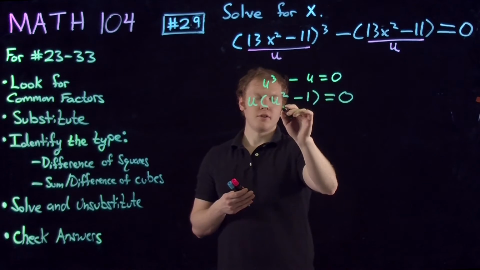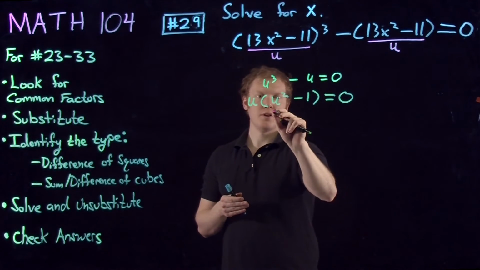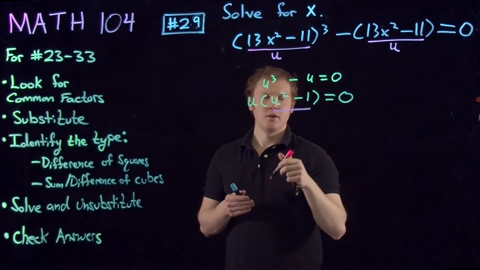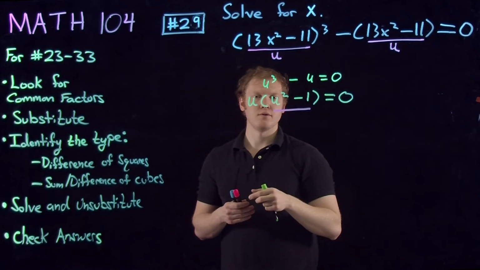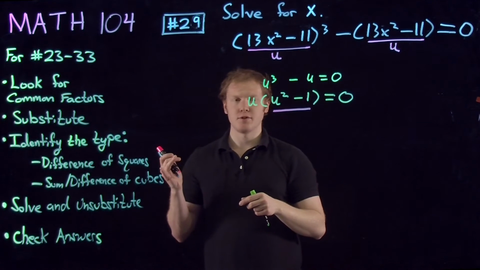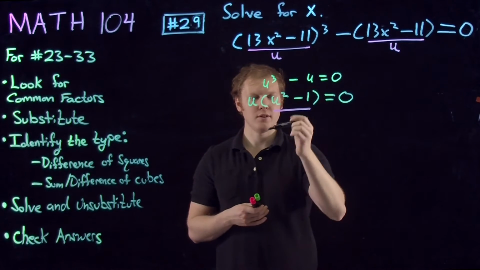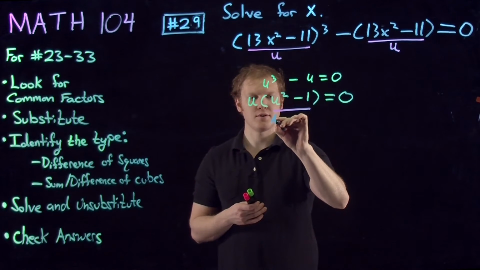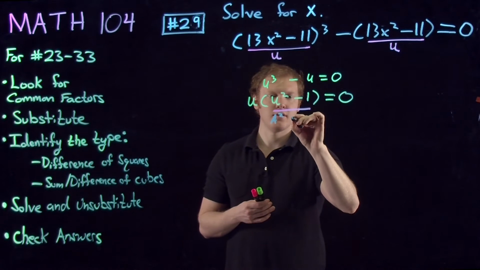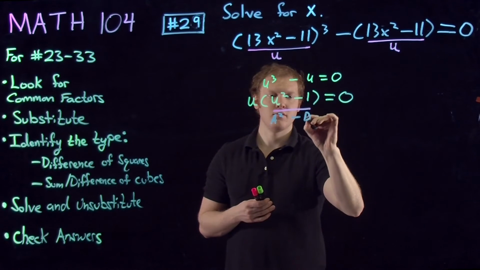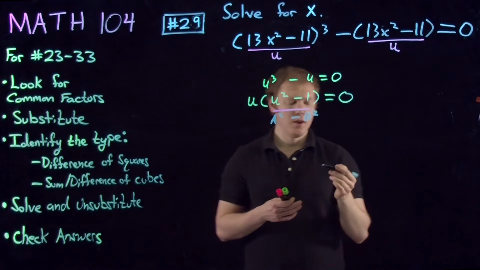And if we look here at this quantity, u squared minus 1, we will notice that we can use the difference of squares, where u squared is our a squared, and then 1 would be our b squared here.